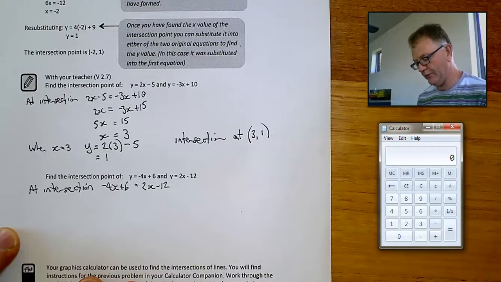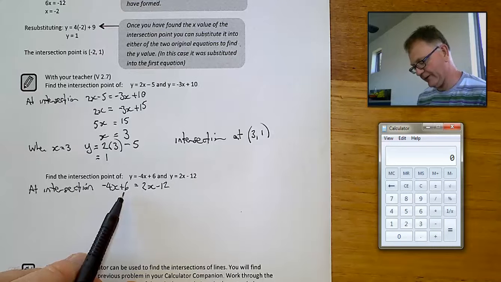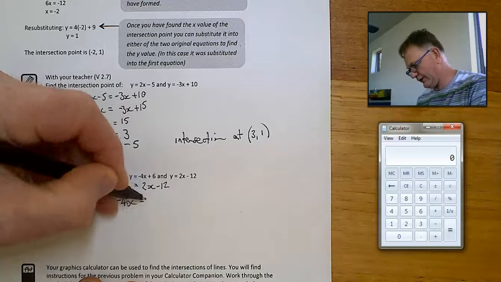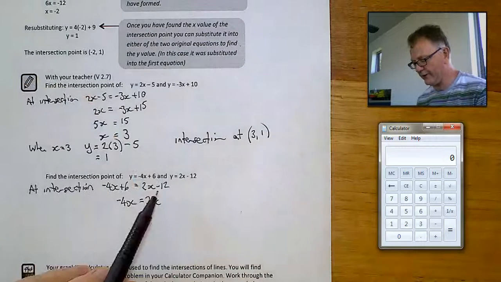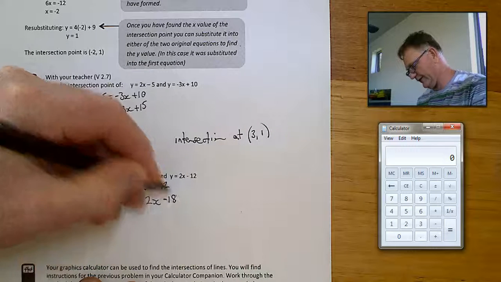Start by moving all the numbers to one side and all the letters to the other side. Okay, so we've got this 6 here. If I was to take 6 from both sides of the equation, that would disappear. And I've got to take 6 from this side of the equation, so I'll have minus 12 minus another 6 will be minus 18.